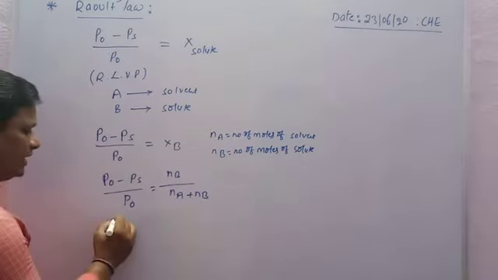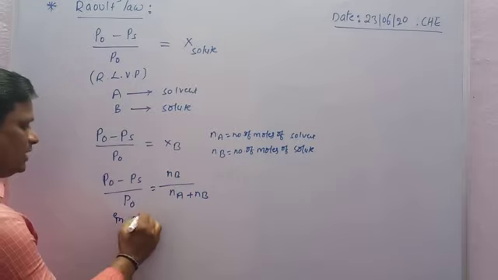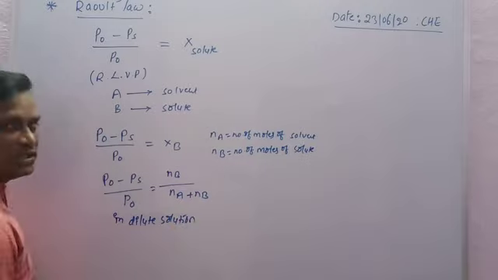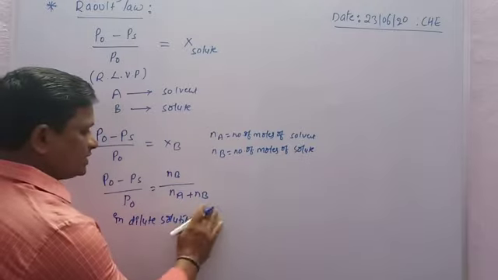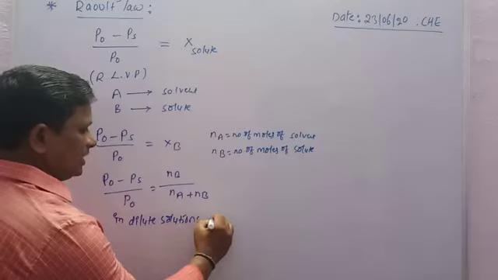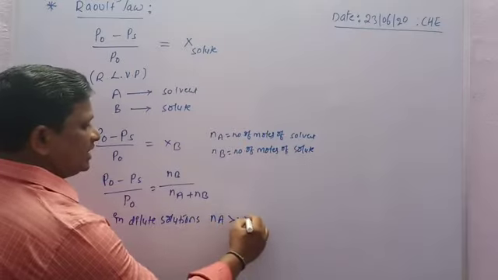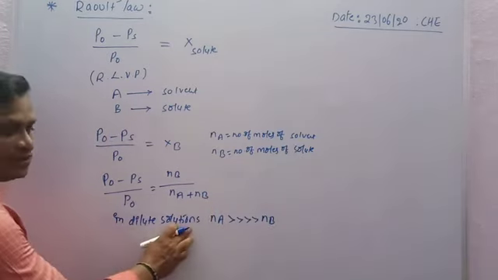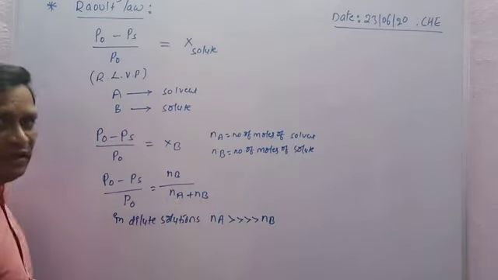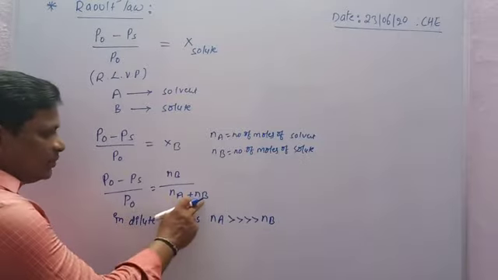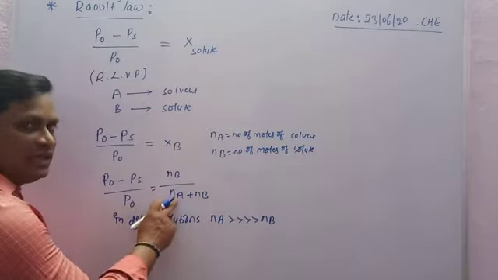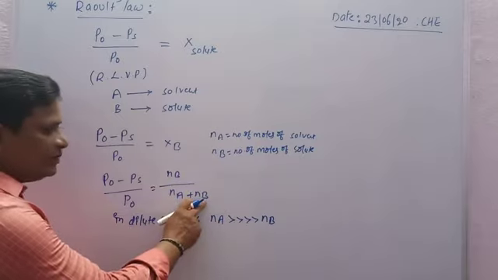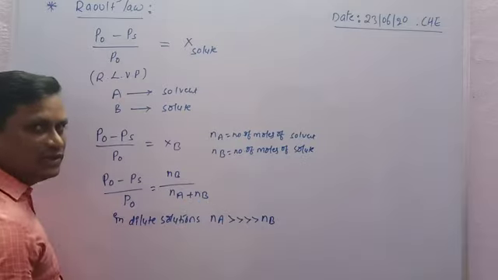Generally, in dilute solutions, Na is very much greater than Nb. Nb is comparatively very small, so Nb is not considered in dilute solutions.